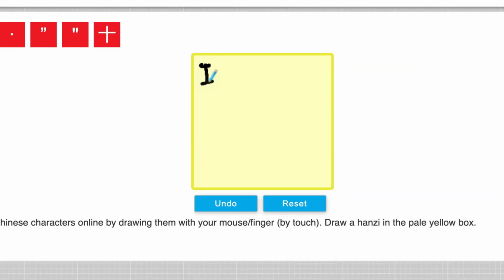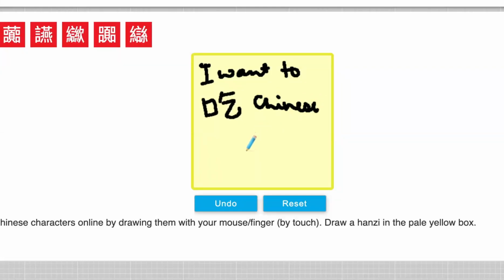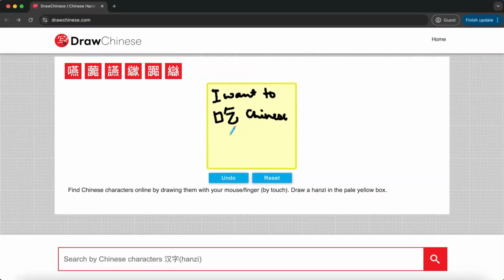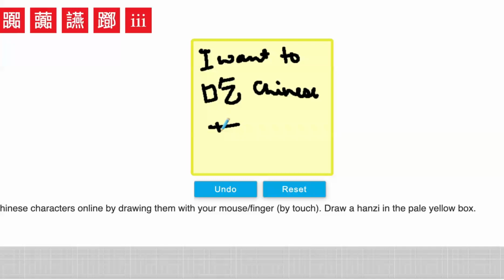You would say I want to 吃 Chinese. Do you remember what's the word for Chinese dishes? You can have a think while I write it. So it's cai. So I want to eat Chinese cai.